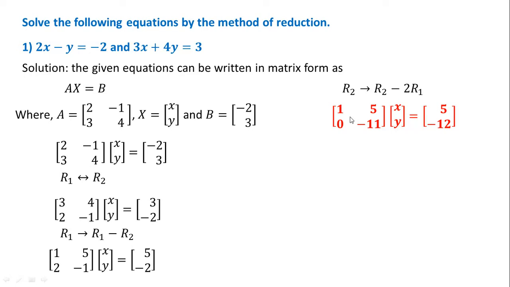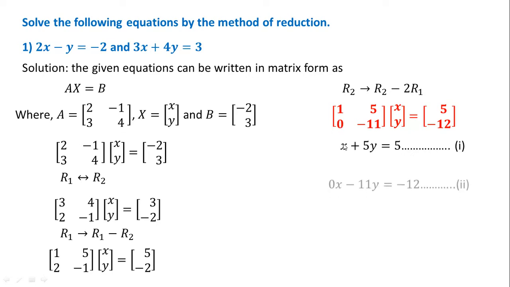Now the method of reduction is completed here. How will you get the values of x and y after this? Reconvert this matrix equation into linear equations. Multiplying the first row into the first column, we get 1 into x, that is x, plus 5 into y, that is 5y, is equal to 5. This is the first equation.